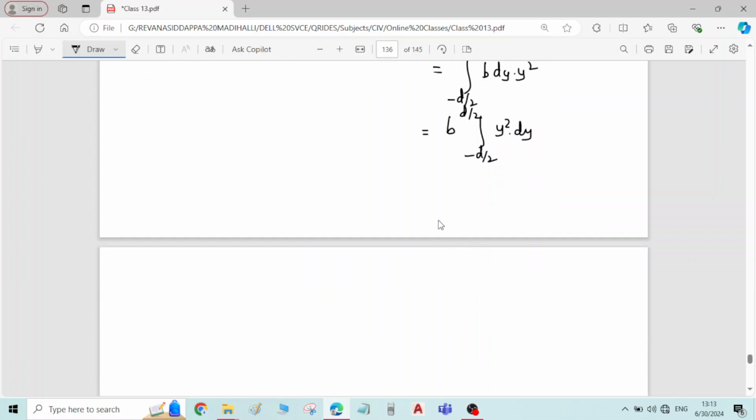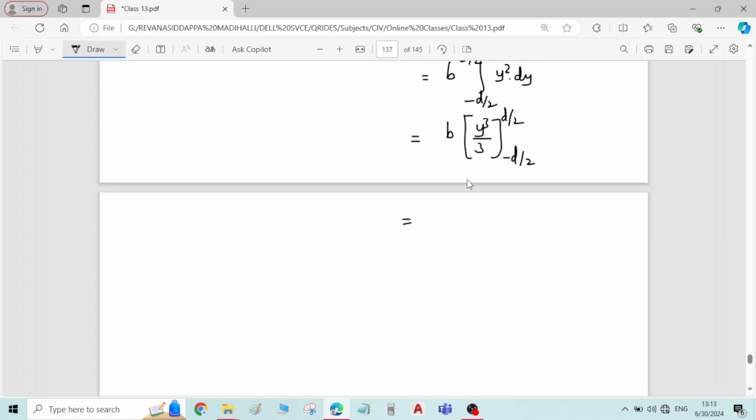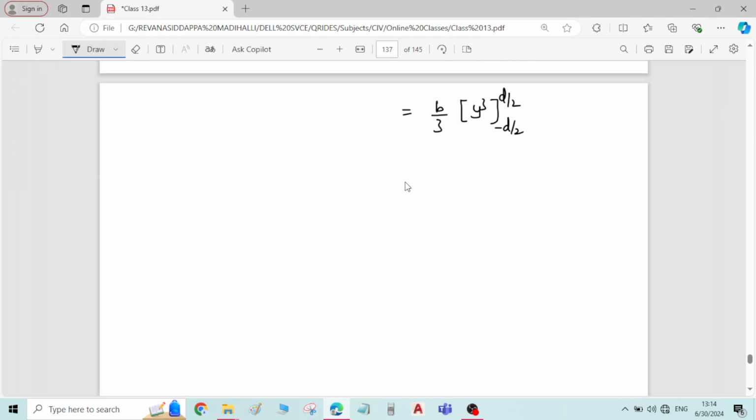Now integrate with respect to y. b into y cube by 3, limits from minus d by 2 to plus d by 2. So 3 is constant, take it outside the bracket. b by 3, in the bracket it is y cube, limits from minus d by 2 to plus d by 2. Now apply the limits.